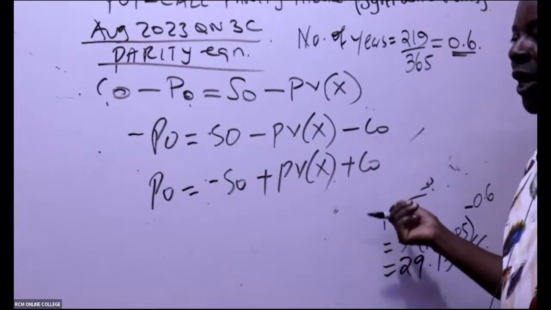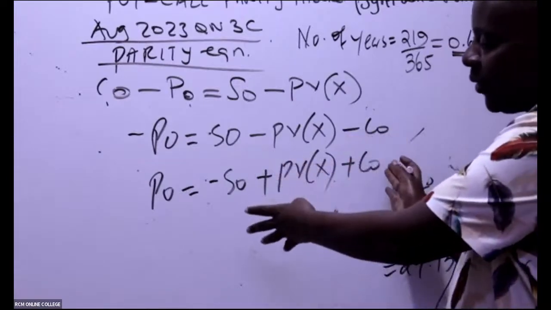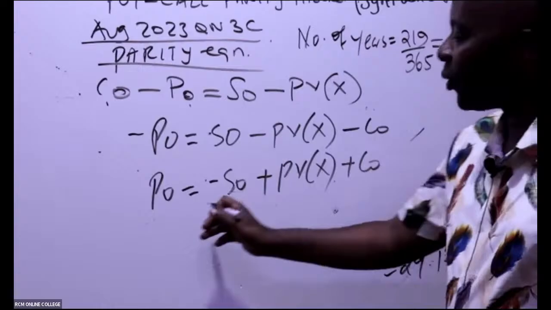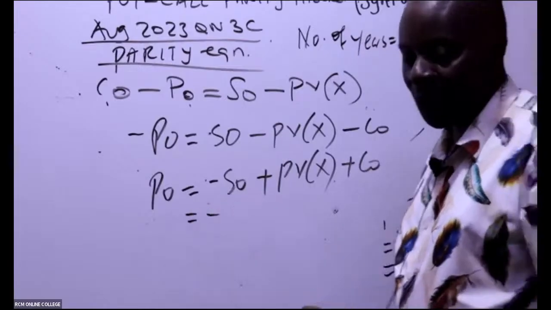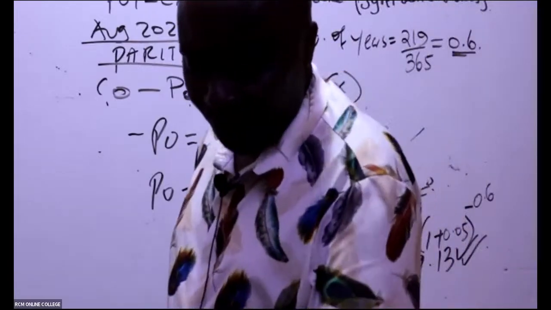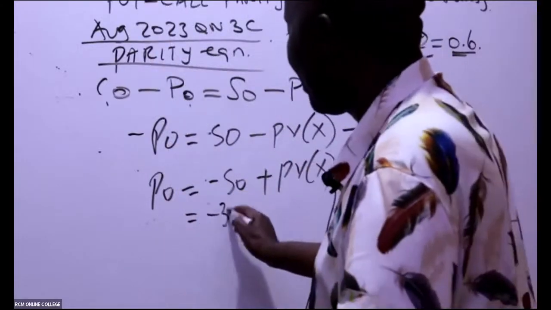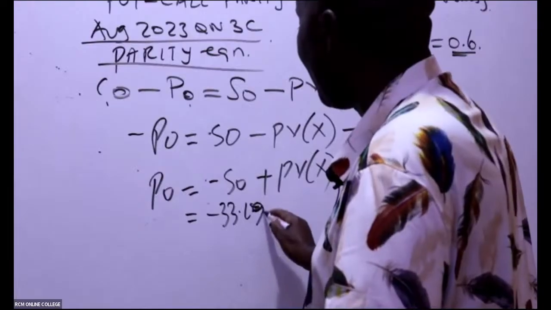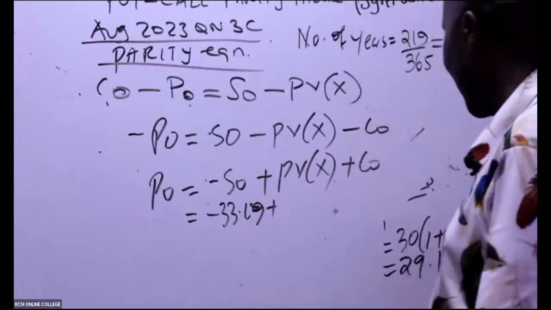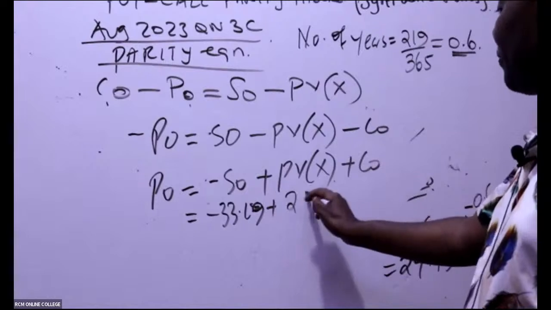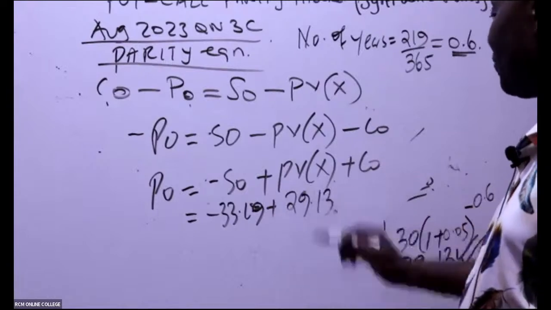So even if you leave them this way, you'll still get the same answer. Our SO is given here as 33.19. Plus present value of our exercise price, which is 29.13.